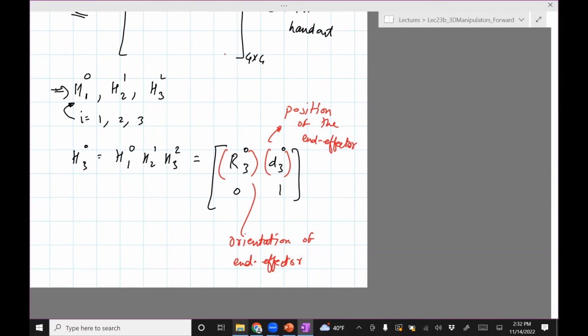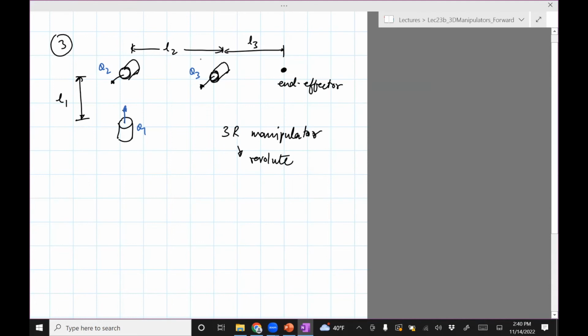Okay, and obviously I will not do it by hand. I'll just use symbolic computations. And then the question, like always, we find the position and orientation of the end-effector.